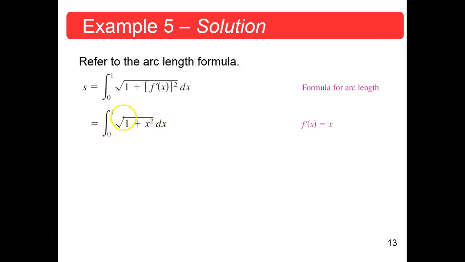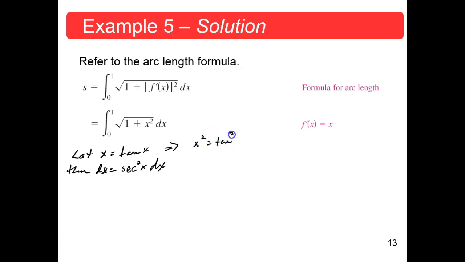This trig substitution is, which one? x equals tangent theta. Then dx equals secant squared theta d theta. Let's go this way with it and do what x squared is.